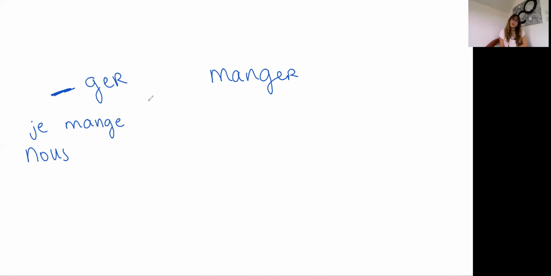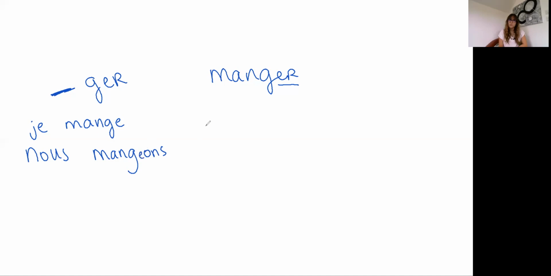You just remove your ER for the present tense and add your ending, which is E for je. And then for nous, because of pronunciation reasons, if we add only O and S, it was nous mangons. Hope you remember that. So we had to add an E.